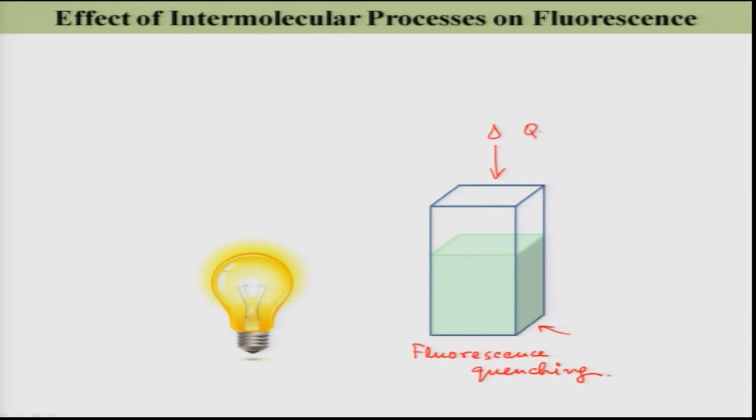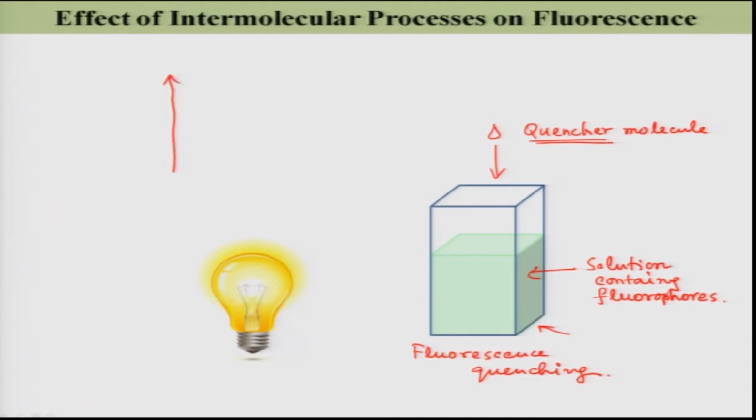So, I was adding quencher molecule to my solution containing fluorophores. From here, I can simply plot the fluorescence intensity as a function of the concentration of this quencher. So, let me do that.